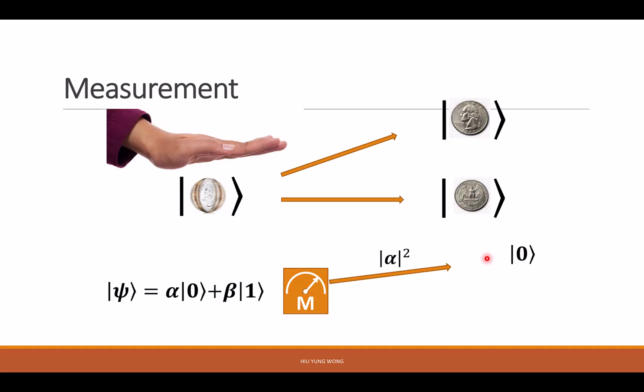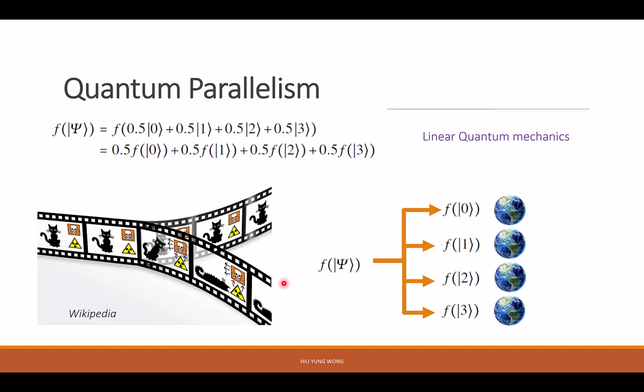Now go back to your question. How did I choose 0.5? Because I was lazy. I only know that 0.5 squared times 4 gives me 1. 0.5 squared plus 0.5 squared plus 0.5 squared plus 0.5 squared. I can use other numbers, but I just chose this particular state.